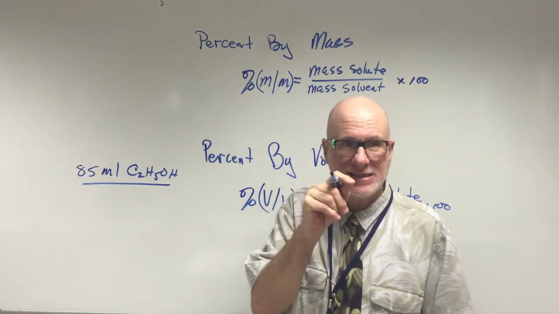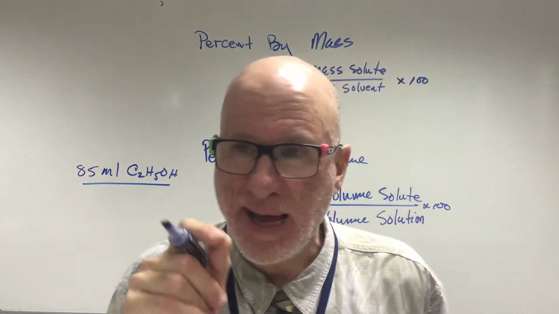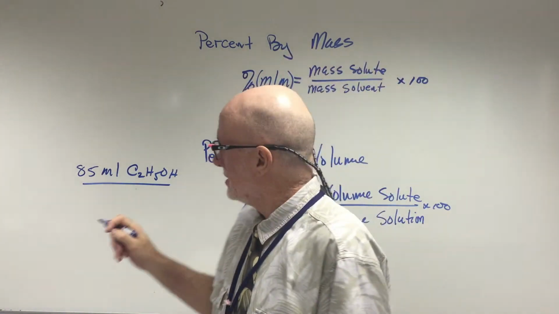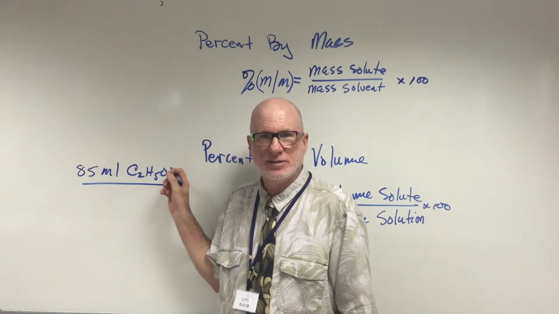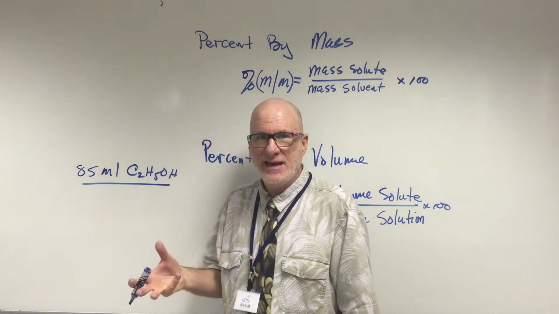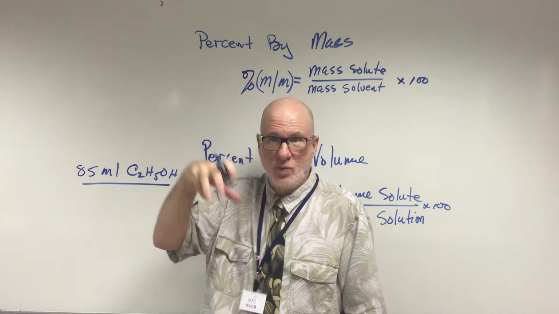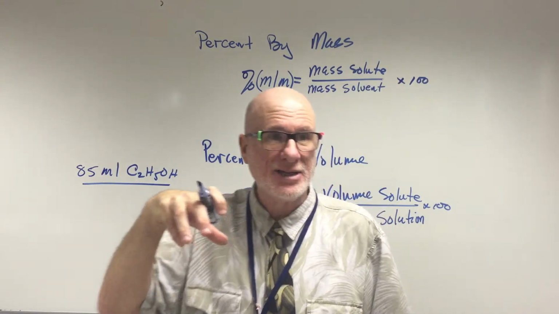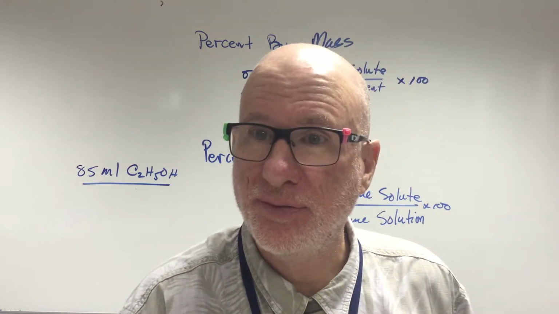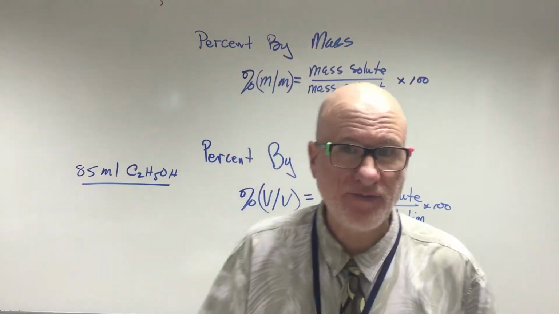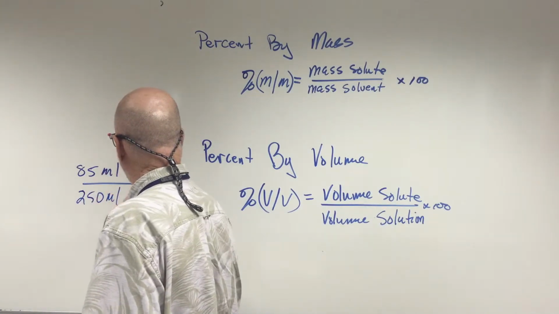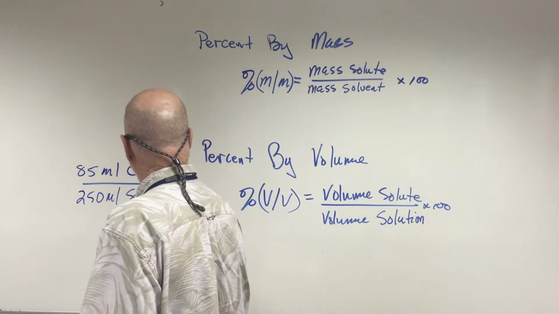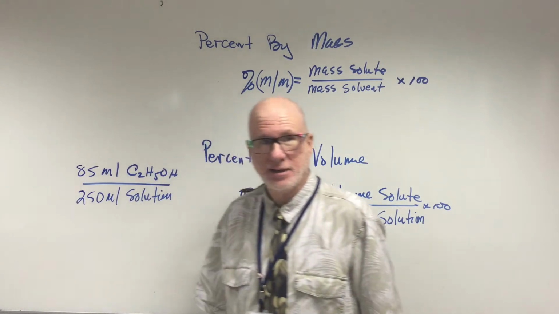So it says that I'm going to put this much ethyl alcohol into a volumetric flask, correct? And then I'm going to add water so that it has a total volume of 250 milliliters of solution. That's big.